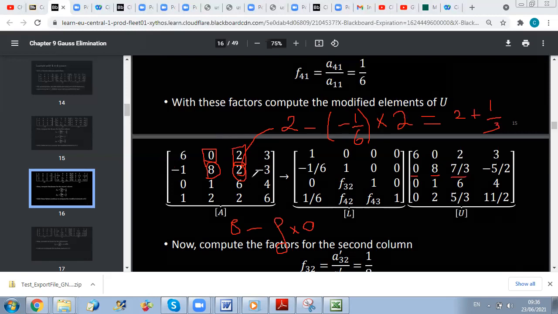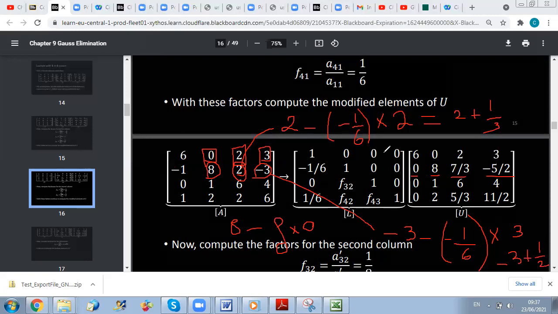And now, finally, for minus 3, I will replace it by minus 3 minus the factor F21, which is minus 1 over 6, times the element in the pivot equation in the same column of minus 3, which is 3. So this will give me minus 3 plus 1 over 2, which is minus 5 over 2. And I am done with the first step of forward elimination.